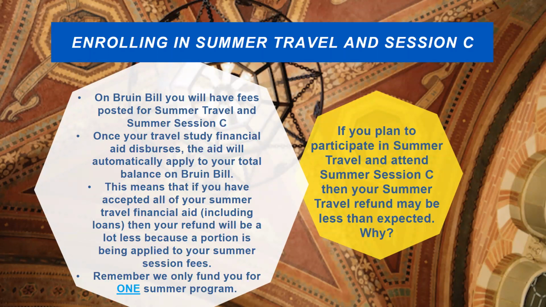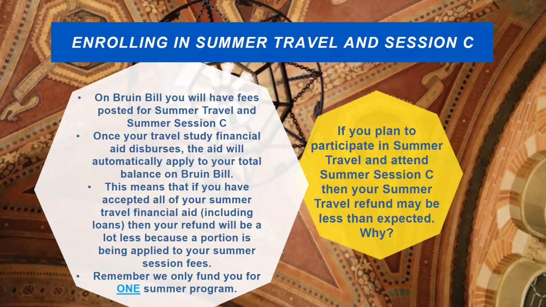But the way the Bruin billing system works, it just looks at, you owe this much, and X amount came in to pay that. It doesn't look and say this money can only be applied to the summer travel portion of the bill.